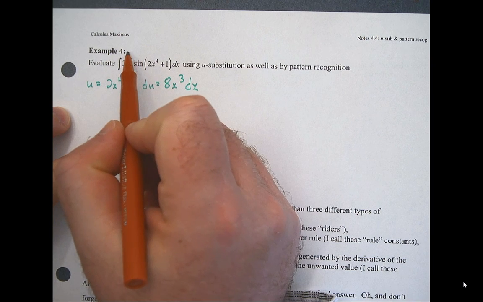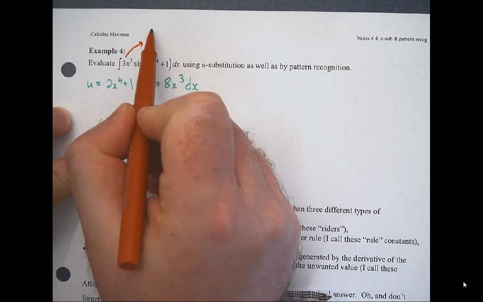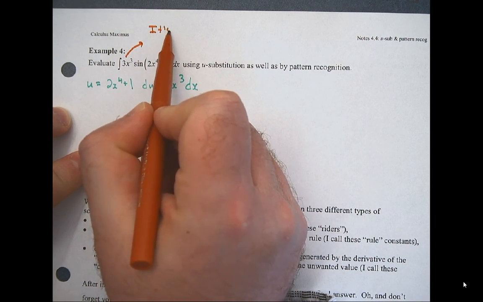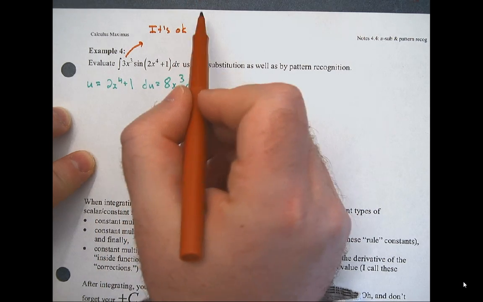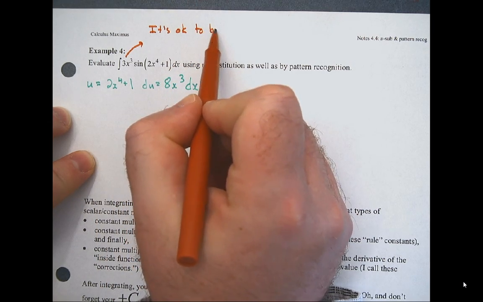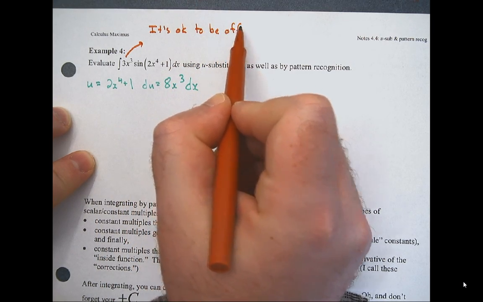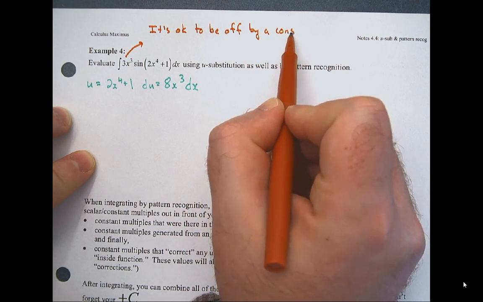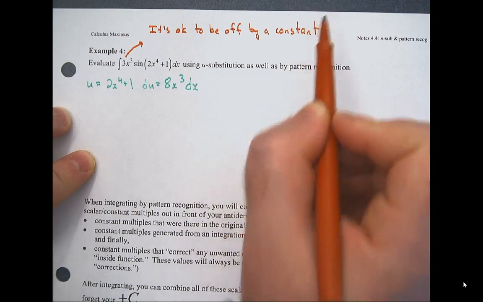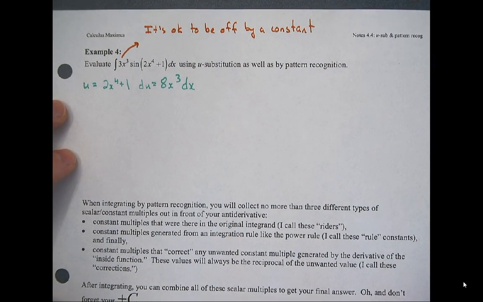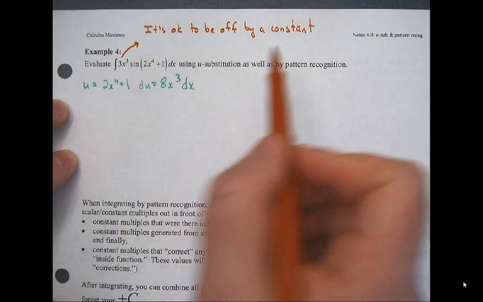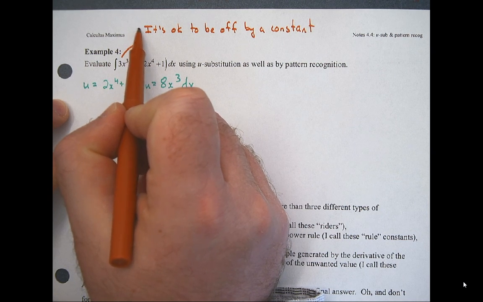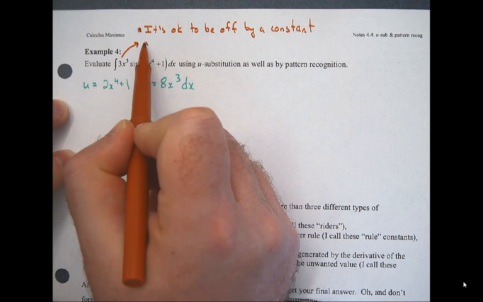So I'm going to leave a little note here off of the 3. It's okay to be off by a constant. We're going to fix that, doing some factoring out, doing some creating things with reciprocals. That's going to be okay. Put a little star there. I'm going to put another star underneath it.